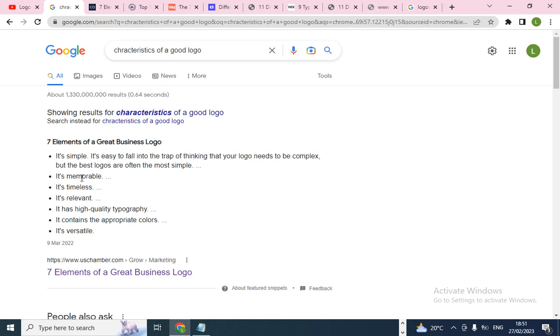Then, besides being memorable, it should also be timeless. Timeless means it shouldn't look expired. Let me say this is the year 2023. If I create a logo right now, can it last for more than 10 years and not look old?